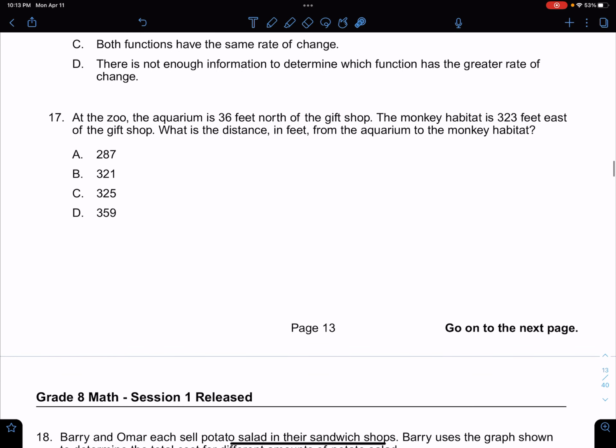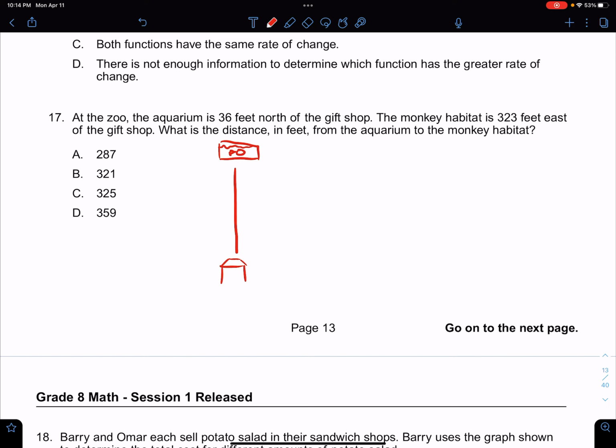Number 17 says, at the zoo, there's an aquarium that is 36 feet north of a gift shop. Here's my gift shop. I know my drawing skills are impeccable. My aquarium is up here. So it's 36 feet north, and the monkey habitat is 323 feet east of the gift shop.